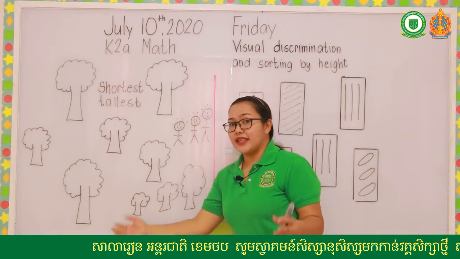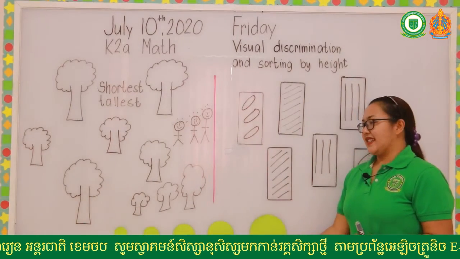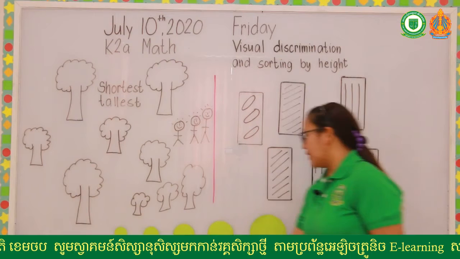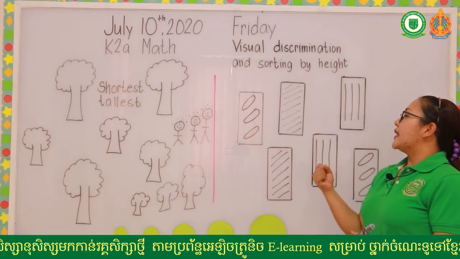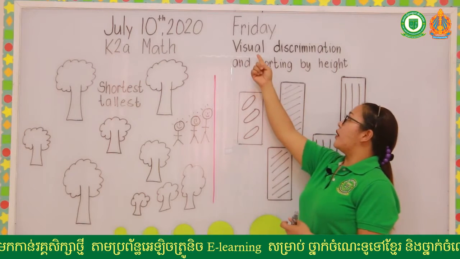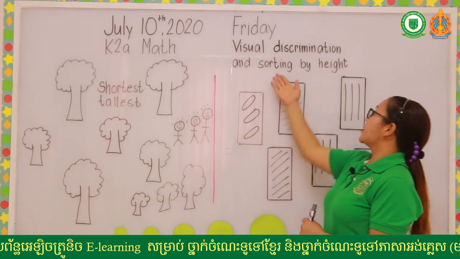This is the smallest and this is the biggest. See, you can see the difference when it comes to size. That is also what we say visual discrimination, not just sorting by height.